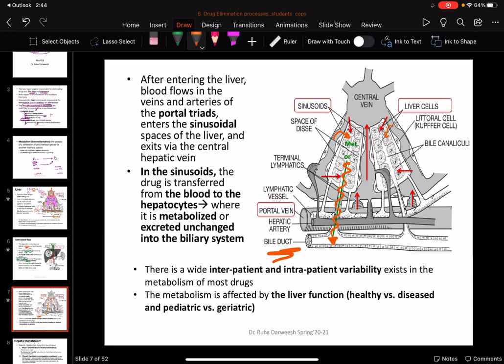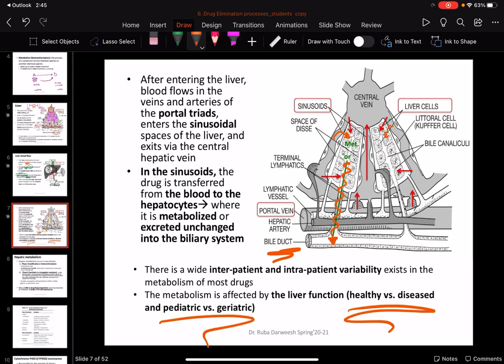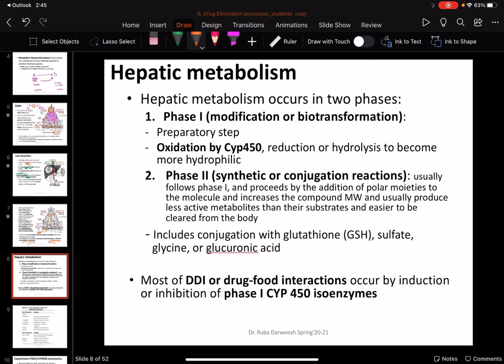And for sure, we have inter-subject or intra-subject variability in the metabolism of different drugs, and also the pathophysiology of the individual matters. So we have differences between healthy and diseased subjects, or between infant and elderly in the metabolism. For hepatic metabolism, we have two main phases, phase 1 and phase 2 metabolism.